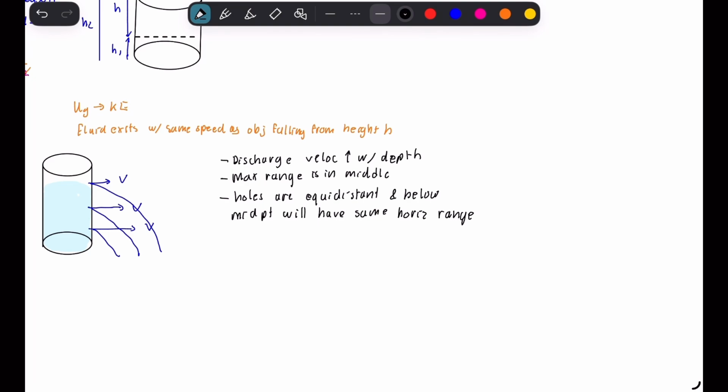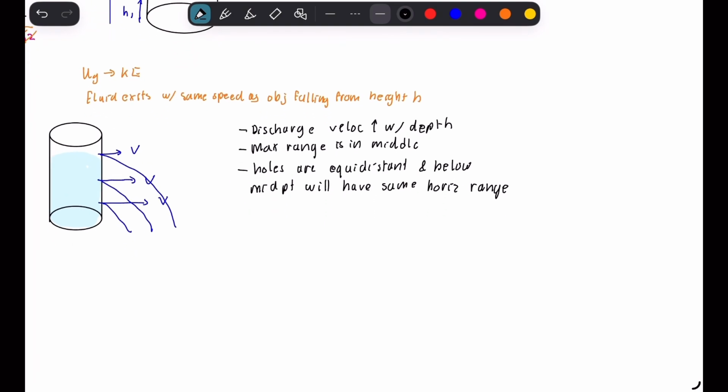So our velocity increases with the depth because V is equal to the root of 2GH. So if you have a deeper hole, you have a bigger H, and you have a faster jet because they scale together.